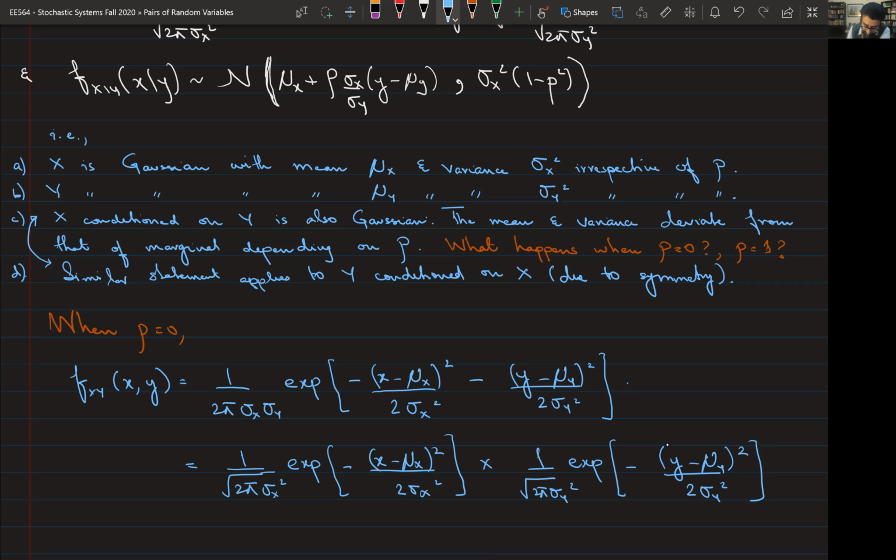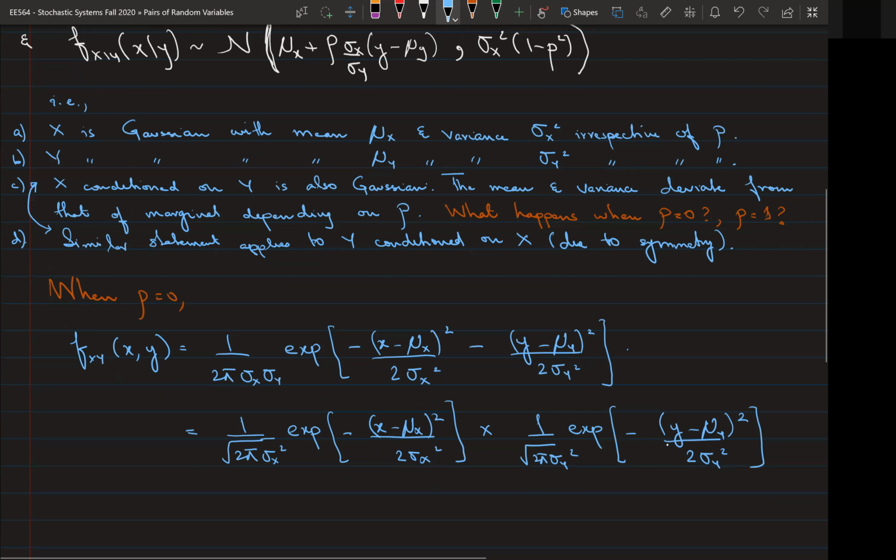And we come up with an important conclusion that when rho equals 0, the joint density function is nothing but the product of the marginals. And from here we conclude that rho equals 0 implies independence.